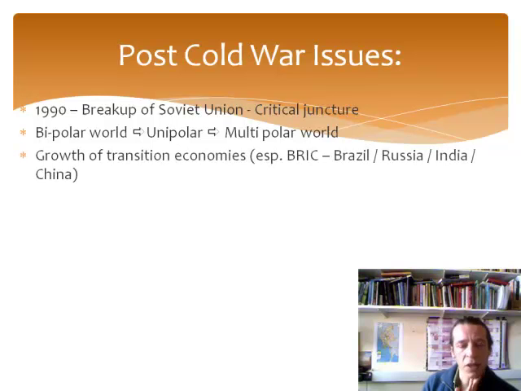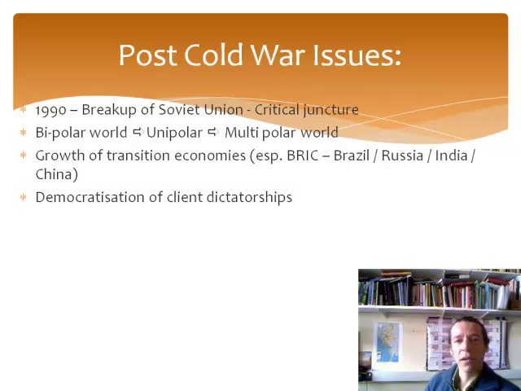Particularly these transition economies, Russia, the Soviet Union declined, but Russia has retained a lot of influence and power. There are also other emerging powers, India and China in particular, and also Brazil, which are often called the BRIC countries.